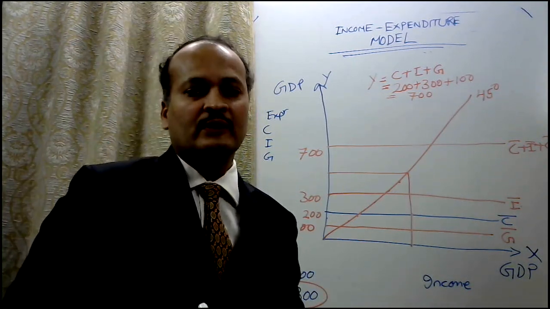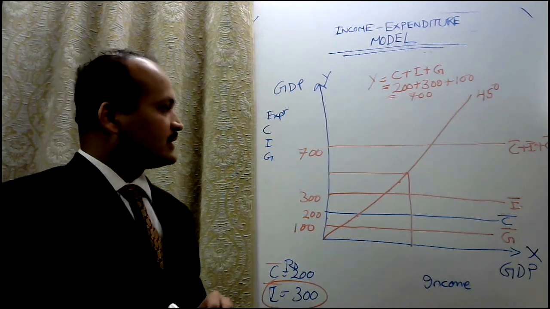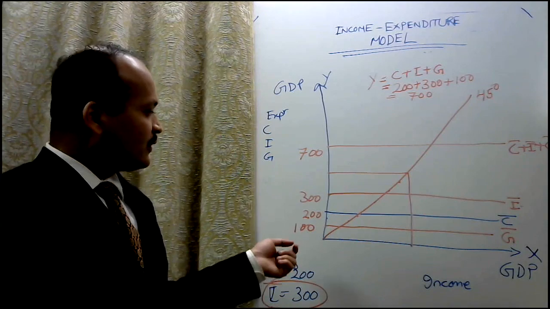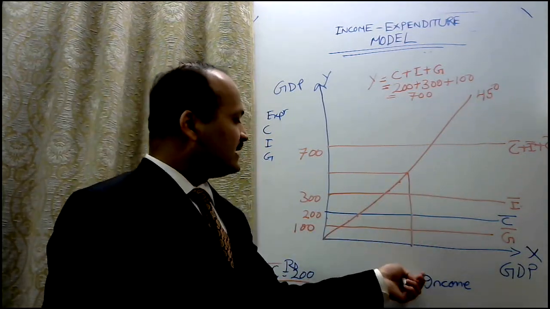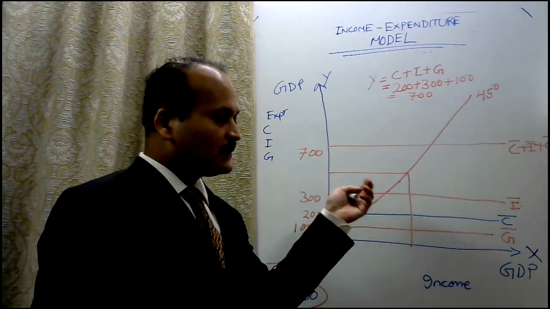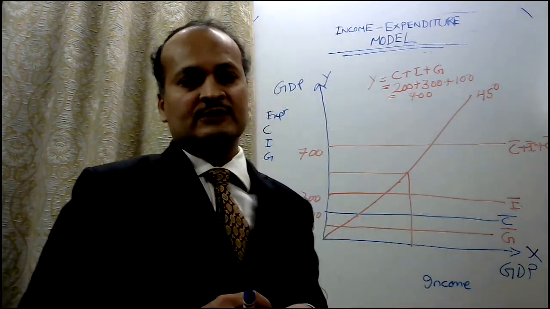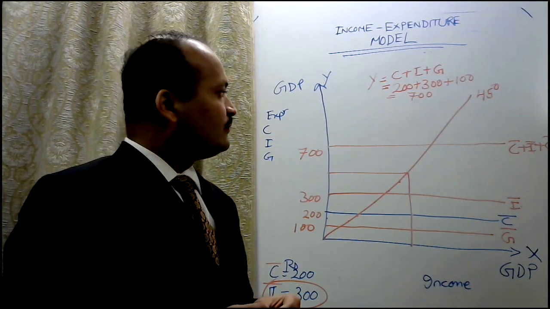This we have already discussed when discussing the circular flow of income. So each point on this line tells that total income is equal to total expenditure, which should be the case in an economy if it is in equilibrium.